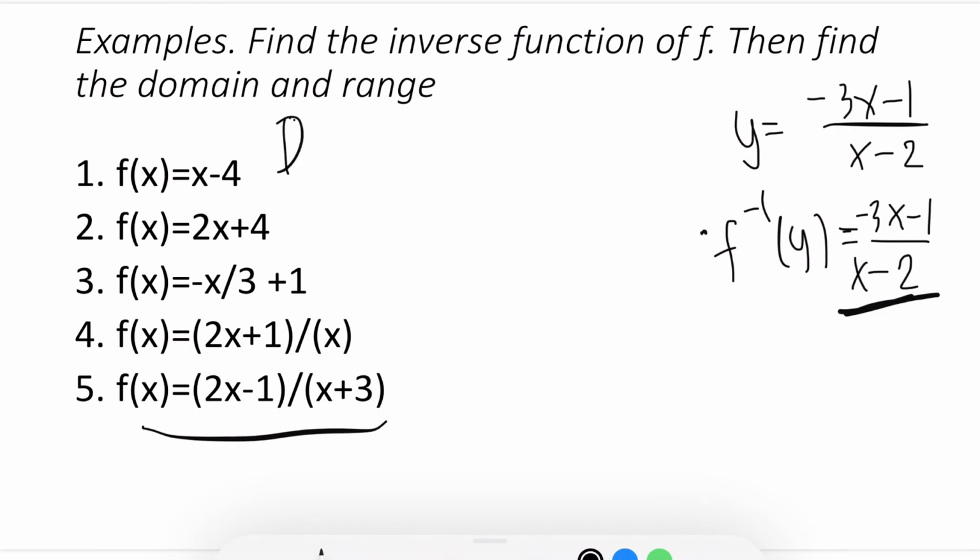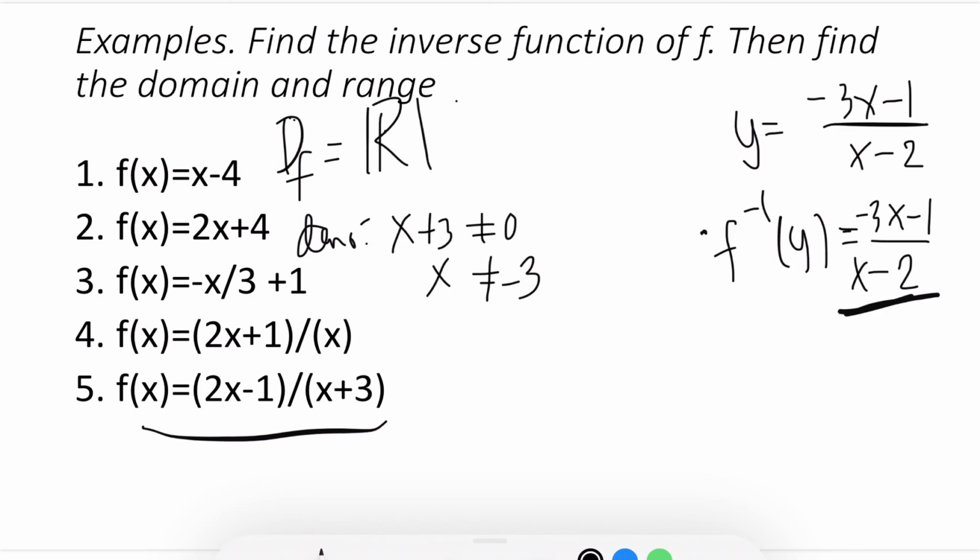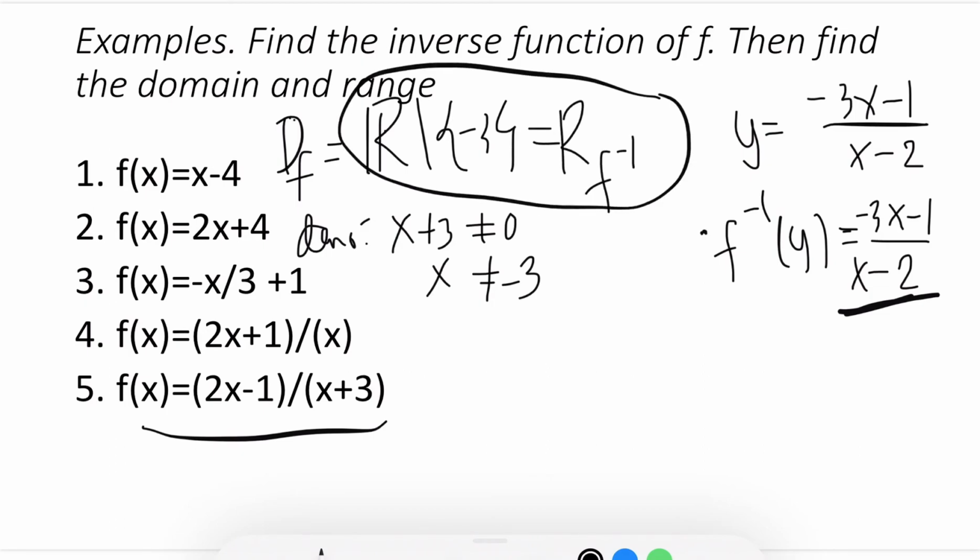So the domain of f is what? The denominator must not be 0, so x must not be equal to negative 3. So this will become the set of real numbers except negative 3. This is now your range of f inverse.